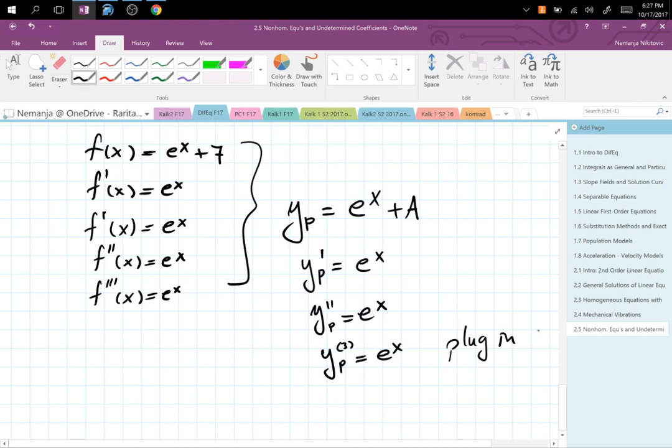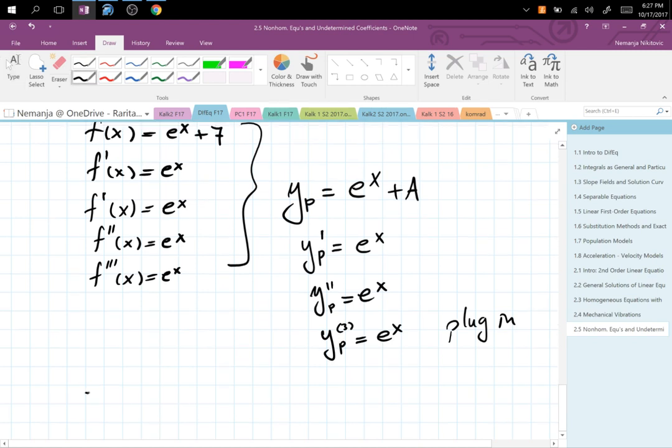So the original equation was y triple prime, so that's just e to the x, minus y, well that's e to the x plus a, minus a, equal e to the x plus 7.